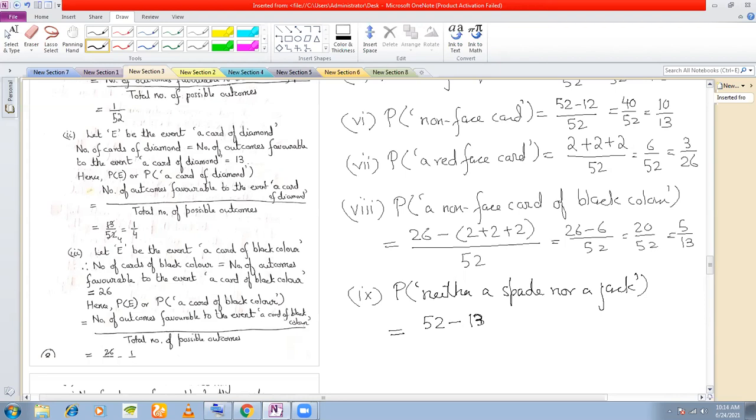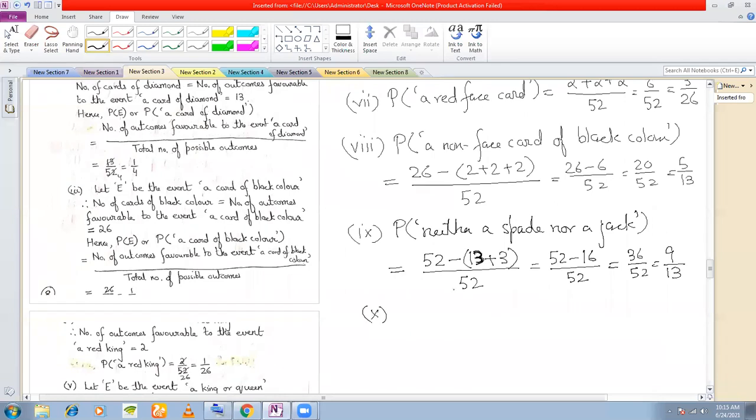But out of these 13, this includes one jack, isn't it? So there are 3 jacks remaining. So 13 plus 3 divided by 52. Is this part clear? Yes, sir. 52 minus 16 divided by 52. So this is 36 by 52, which is 9 by 13.